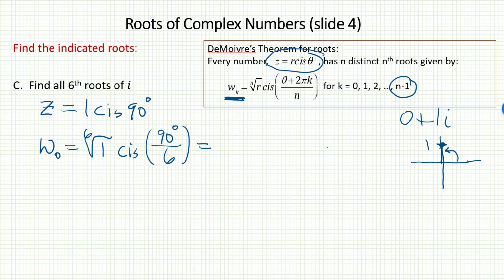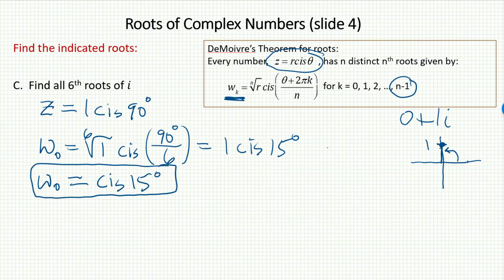And let's see, 6th root of 1 is just 1. And 90 divided by 6 is 15. I don't really even need the 1. It's not doing anything. And so my final answer for that first root would be cis 15 degrees. That's my first of 6 different answers.